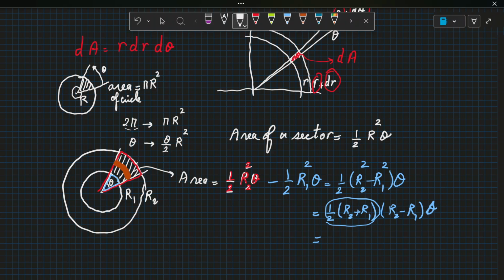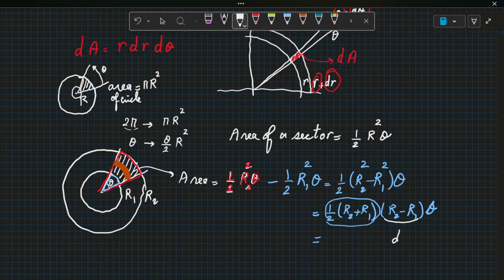So that is the average radius, and what is this? That is the difference of the two radii. So suppose r2 and r1 are close to each other. As we go from one to the other one, the difference is going to be the increment in r.